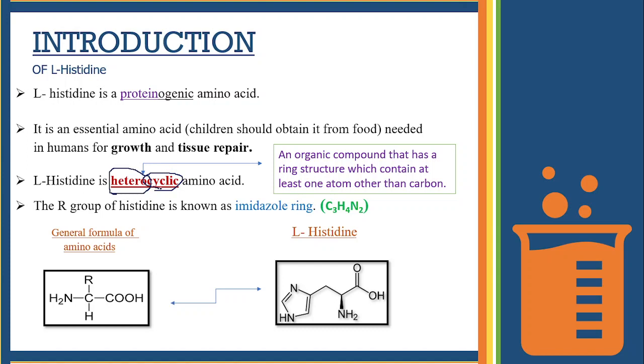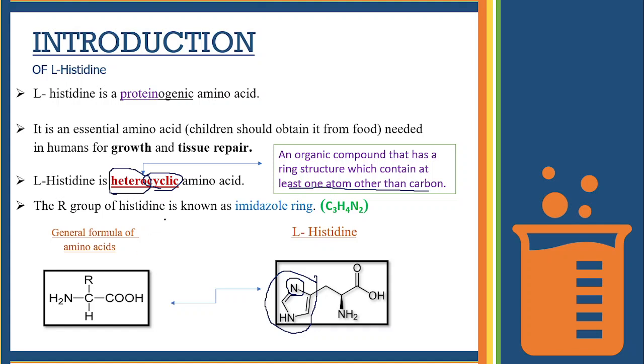So heterocyclic means an organic compound that has a ring structure, but the condition is that it contains at least one atom other than the carbon atom. Carbon atoms are usually present in organic compounds, but the condition of heterocyclic compounds is there must be one heteroatom. So in the case of L-Histidine, the heteroatom will be nitrogen.